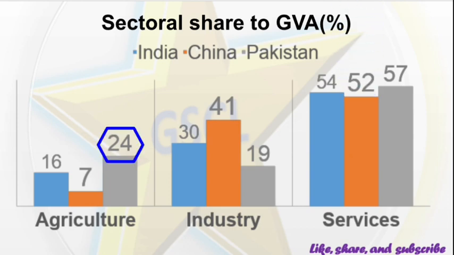In Pakistan, 24% contribution towards the gross value added was from the agriculture sector, 19% contribution from the industrial sector, and 57% contribution from the service sector.